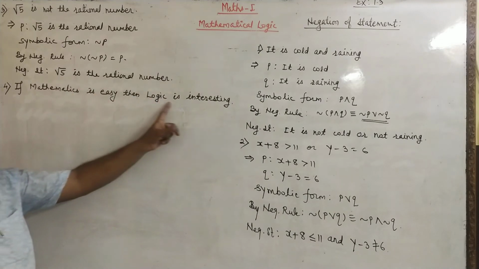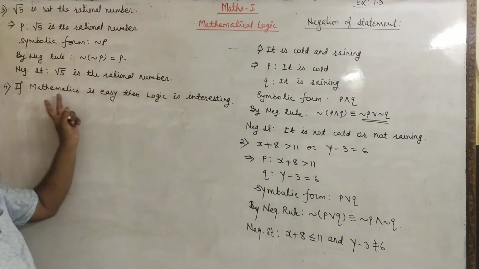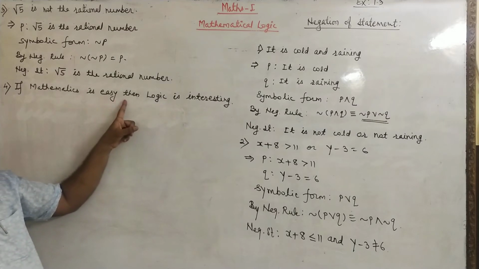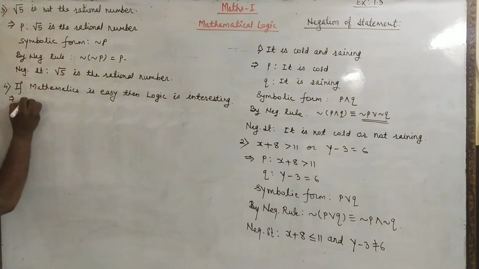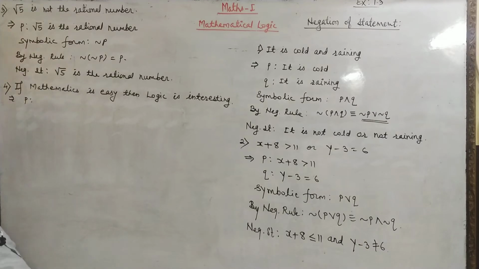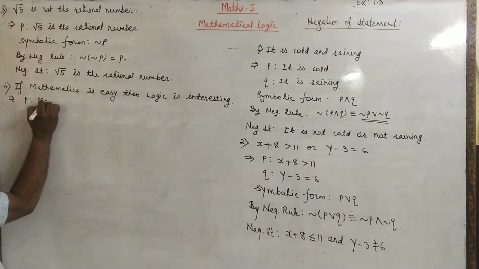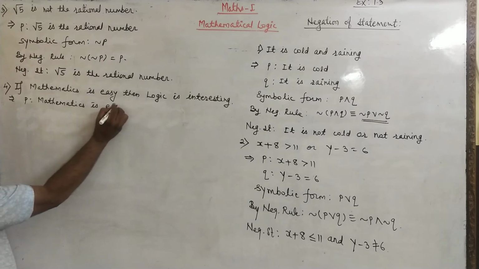Okay. First of all, write down the statements P and Q. These two statements are joined by the connective if then. So the first half part P, what is the P here? Mathematics is easy.